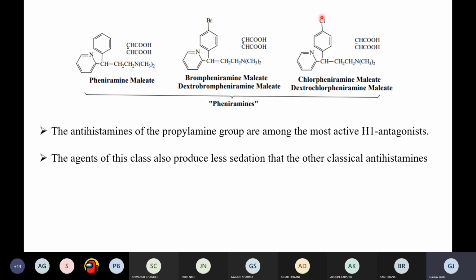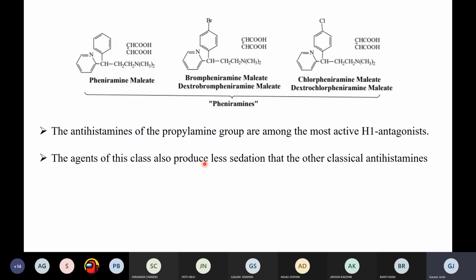Now, this type of molecule basically belongs to the pheniramines or the alkylamines, right? They are one of the majorly used H1 antagonists in the market. The agents of this class also produce less sedation than the other classical antihistamines. So basically why are they used most? Because they produce less sedation, right?